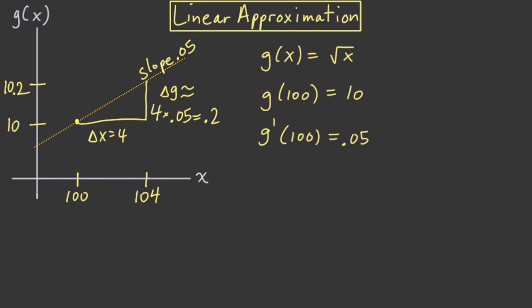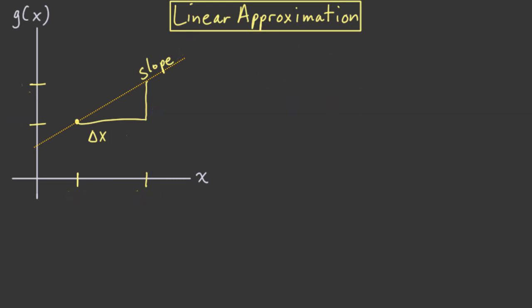Let's talk about doing this in general. I'll erase some of this stuff, and let's say that the point where we want an estimate is x, and the point where we're starting is x naught. That means that the height here is g of x naught, and this slope, I'm going to denote it by m, but m, of course, is the derivative g prime of x naught.